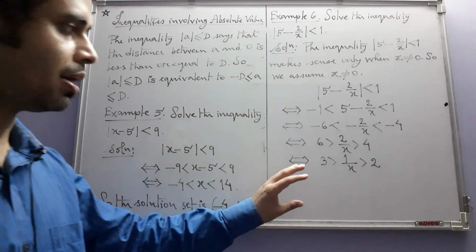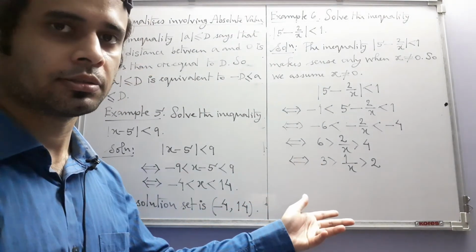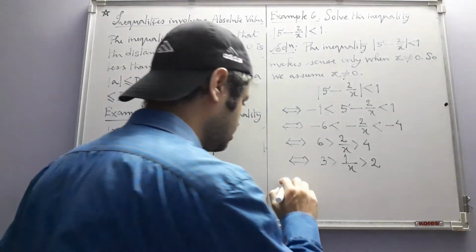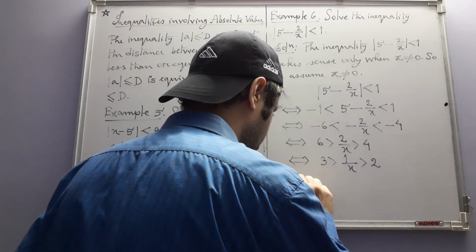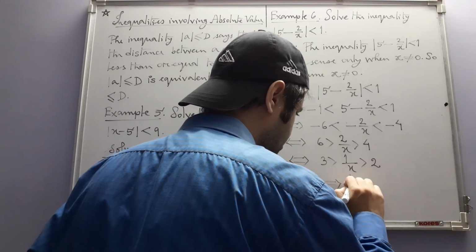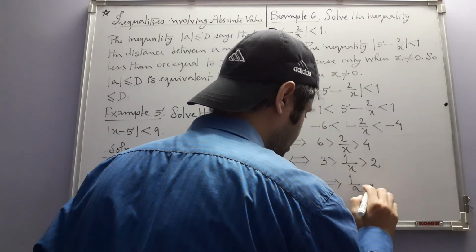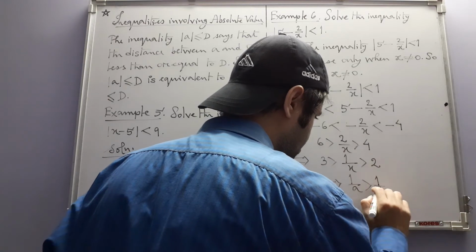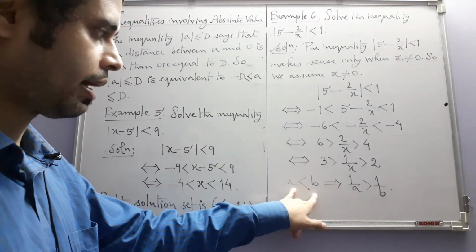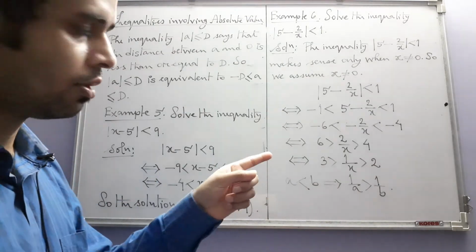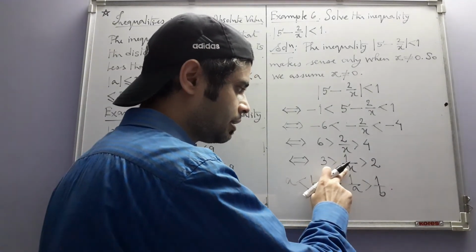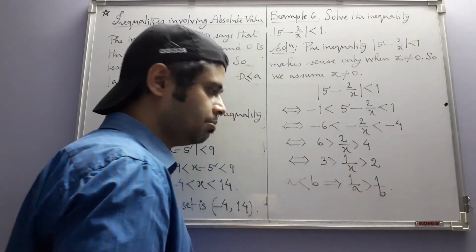Okay, now we want to take reciprocals, and you recall that 1 by A is greater than 1 by B only when A and B are either both positive or both negative. What do you think the sign of x here will be?